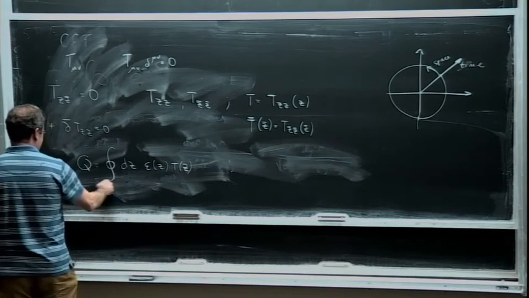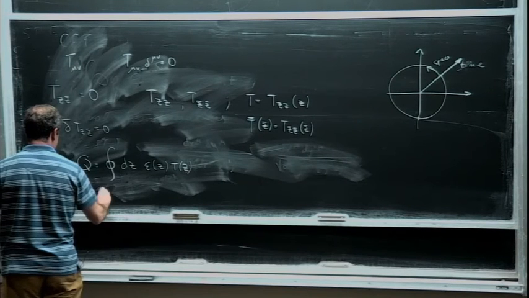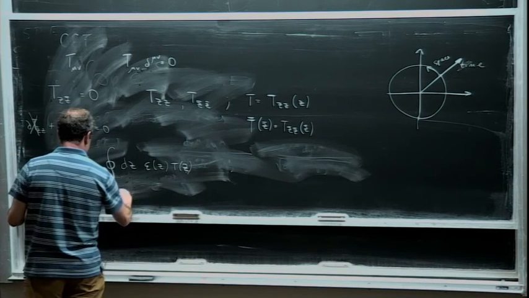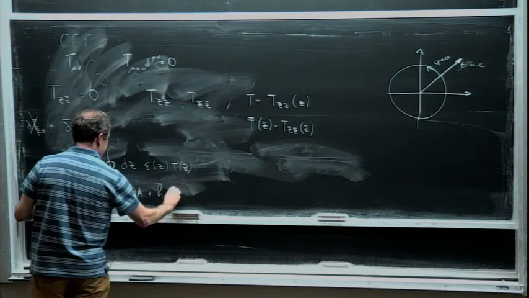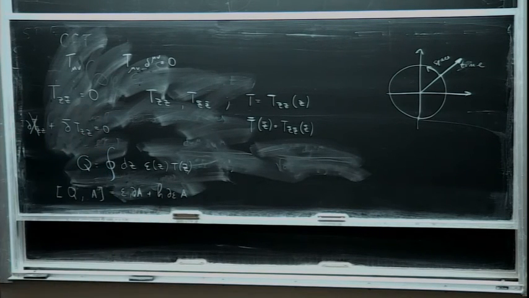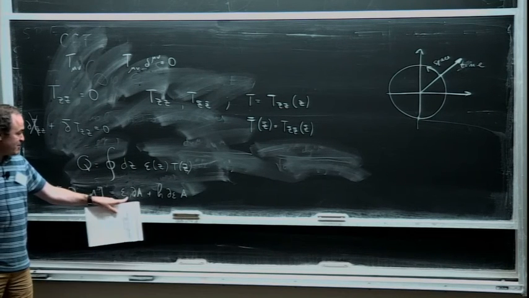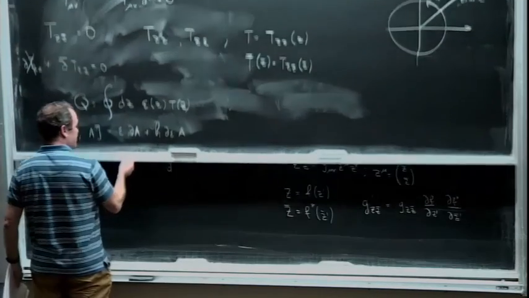And so one condition which we can then derive is that the commutator of Q with my field A had better be equal to epsilon dA plus h d epsilon A. And so from here, we'll immediately derive powerful constraints on the stress energy tensor and how it behaves in the vicinity of field A. Now here A is implied to depend on some position. Epsilon also depends on this position. All of these derivatives are with respect to that position.